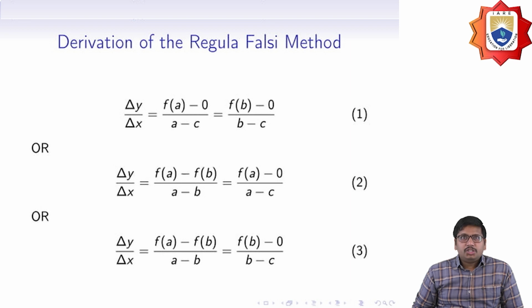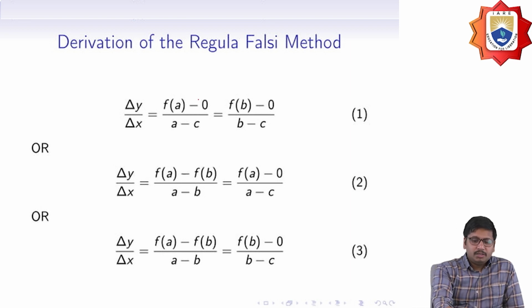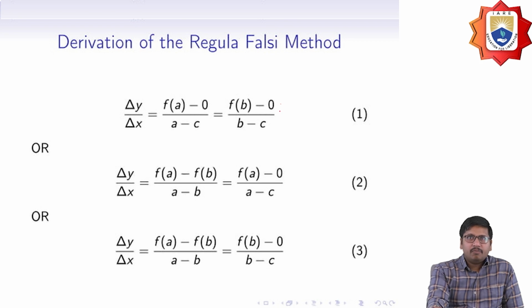When it comes to the derivation of the Regula Falsi method, delta y by delta x is (f(a) minus 0) by (a minus c), and (f(b) minus 0) by (b minus c). Otherwise, I can consider delta y by delta x as (f(a) minus f(b)) by (a minus b), or write it as (f(a) minus 0) by (a minus c).